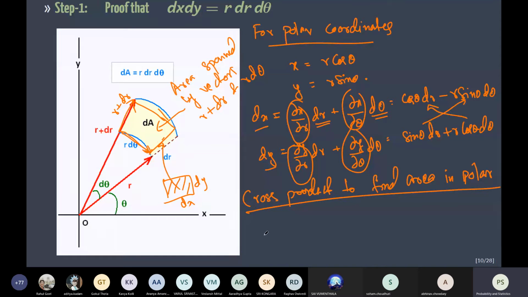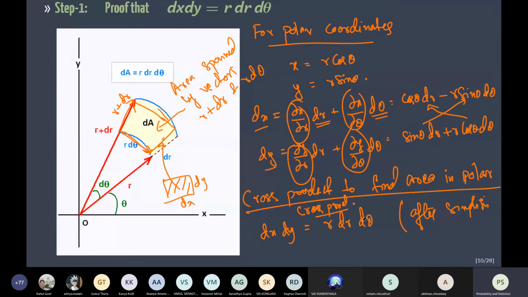So you see this as an area. You don't multiply directly like the usual multiplication you do, right? This is the cross product. So in this case it will be r dr d theta after simplification. Okay, so this is after the cross product.